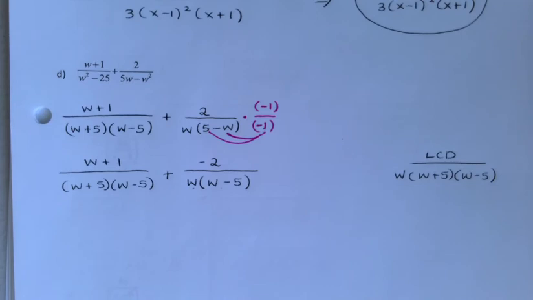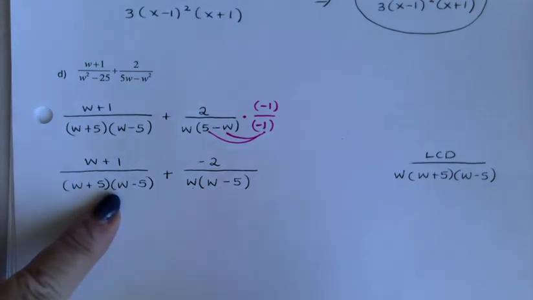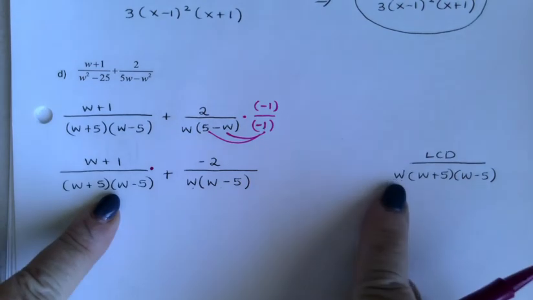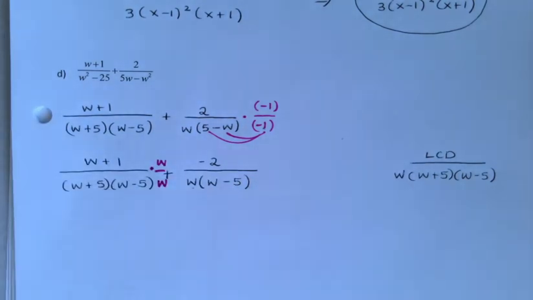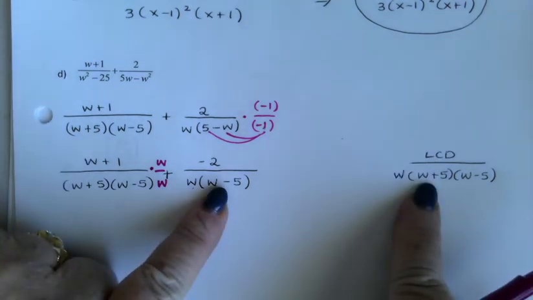All right, I didn't leave myself a ton of room, but I think I could sneak this in. This first fraction is really only missing the w. So I'm going to multiply that one by w over w. This one is missing the w plus 5.